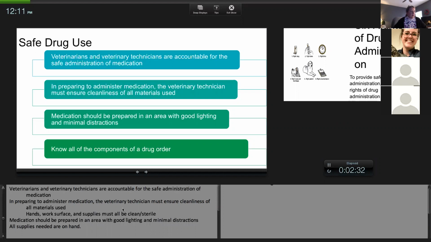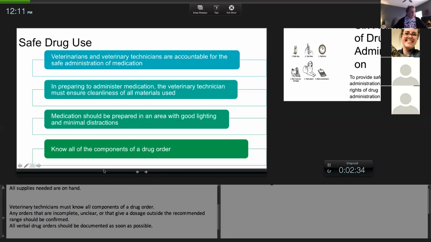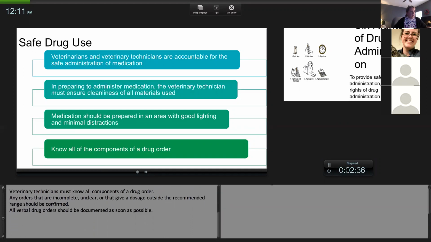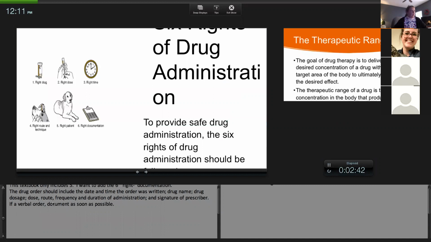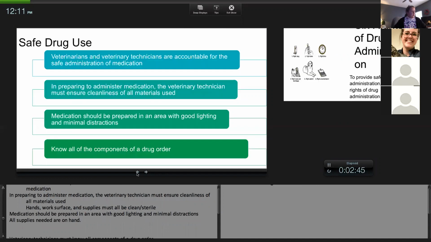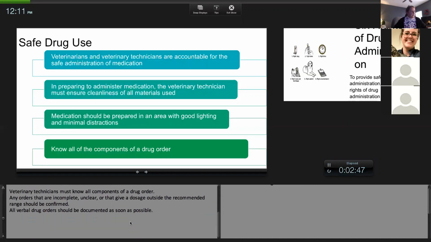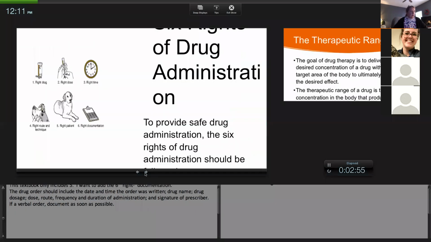Then also think about a drug order, knowing all the components of a drug order. Number one, what drug, how many milligrams, what route, the interval, and also how many days of medication we're going to need.